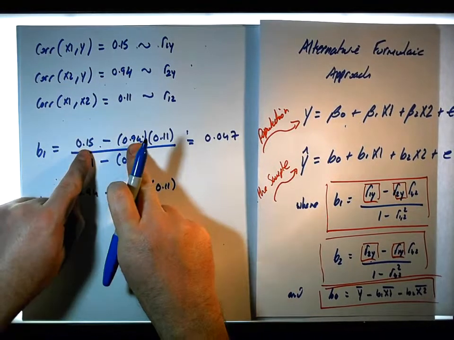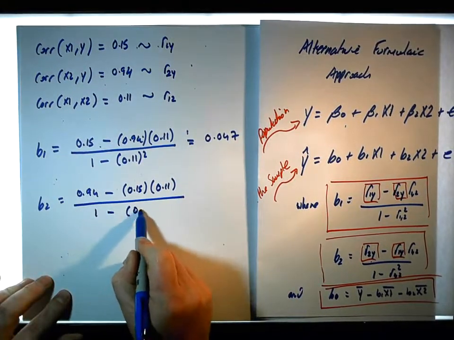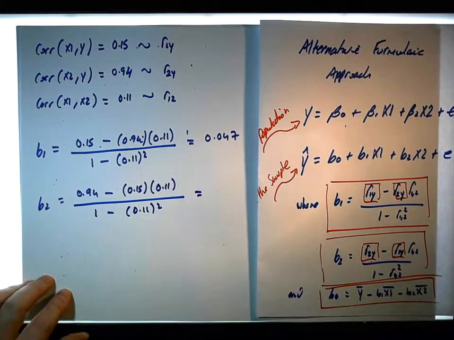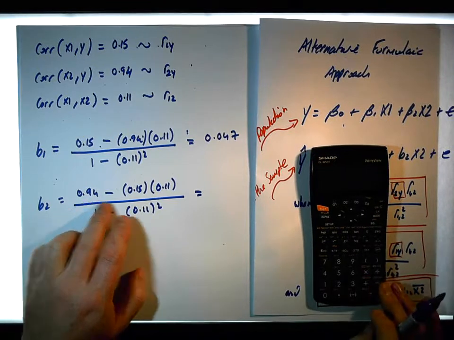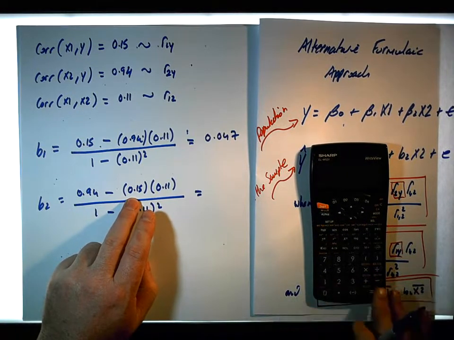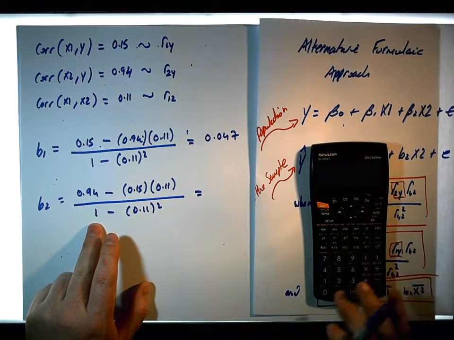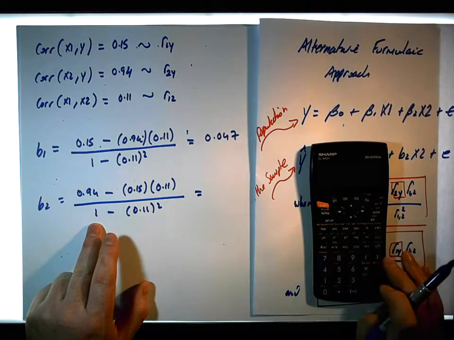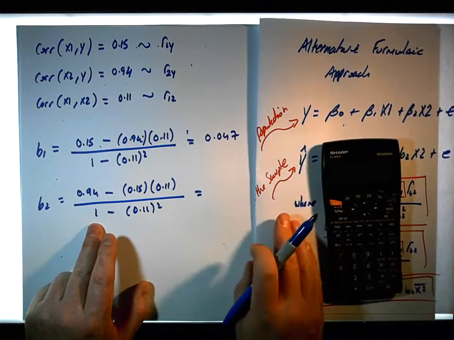You can see we're just flipping these two things around here, divided by 1 minus 0.11 squared. When I do that all in one go, 0.94 minus 0.15 times 0.11, divided by 1 minus 0.11 squared, we get a value of 0.935.